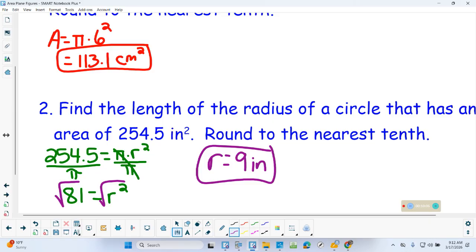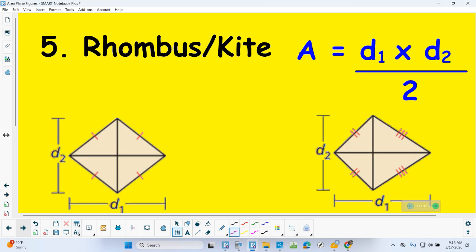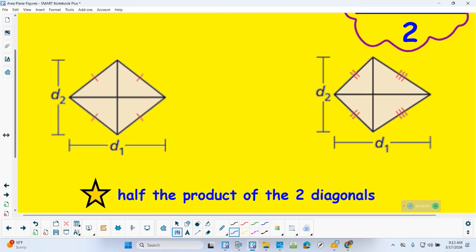All right, so many figures, so little time. So last couple figures we have to cover are rhombus and kite. Rhombus and kite. So you can see the formula for the area. You're going to fill this in on your note sheet. Diagonal 1 times diagonal 2 divided by 2. And that formula is true. You can see on the left side, remember our rhombus is our 4 congruent sides, but it's not a square because you do not have all right angles.